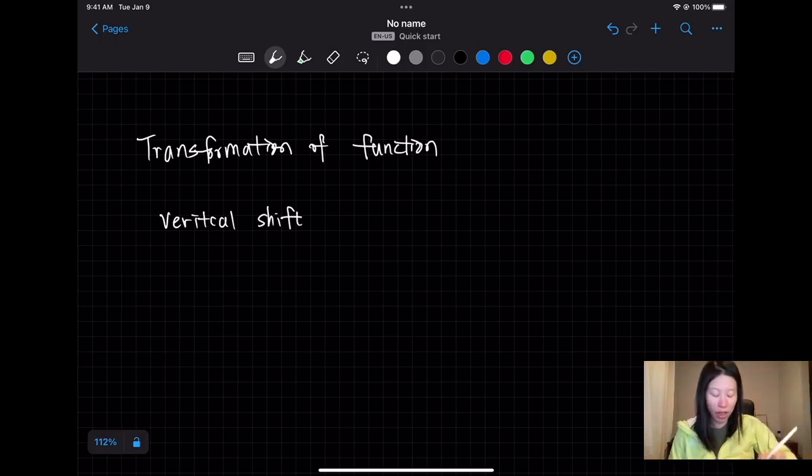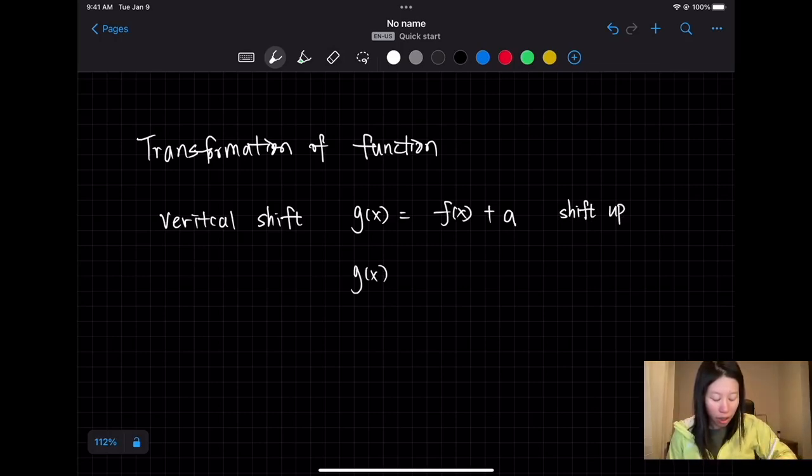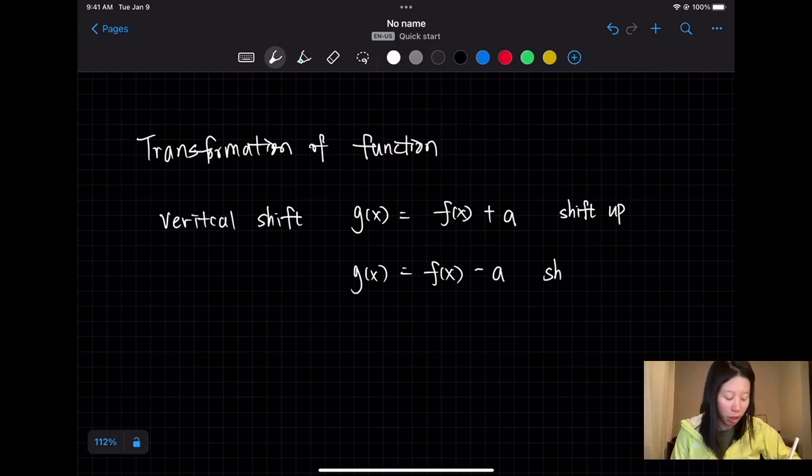So vertical shift is when the new function g of x equals the original function plus some number. If it's plus a, that means it's going to shift up. If it's minus a positive number, it's going to shift down, like we showed earlier in our example.